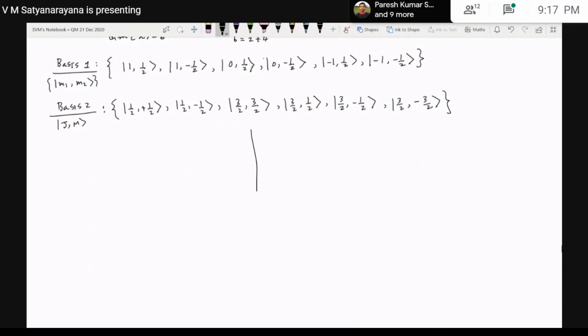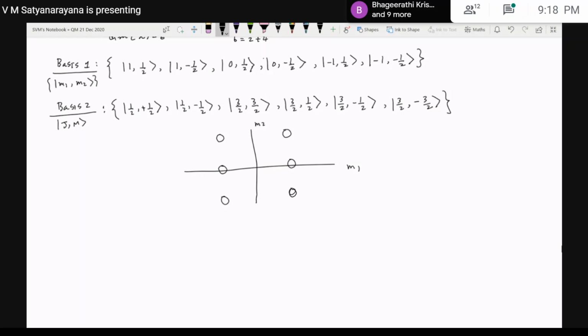So let's say I'm going to draw this graph with my M1 and M2. Now you can see that M1 is equal to 1, 0 and minus 1. So this is minus 1, 0 and plus 1. This whole thing is with half. And similarly, I can have with a minus half, 0 and minus 1.